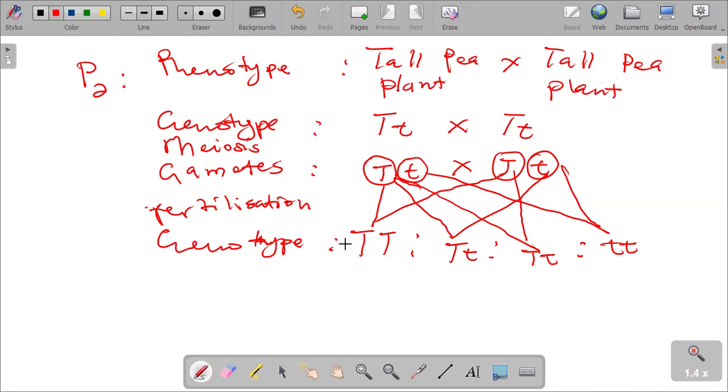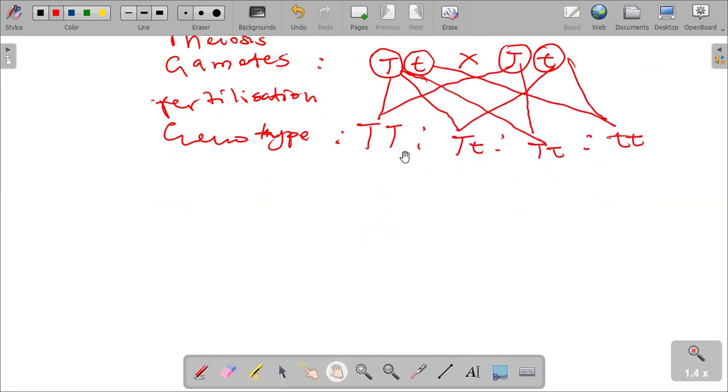So this genotype, as it is like that, we want to give the meaning of it. What is the meaning of this genotype? We interpret it as one, two, two, two.